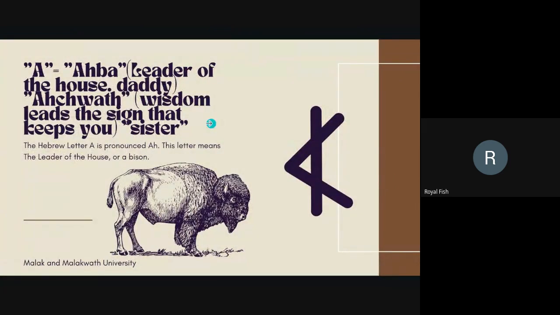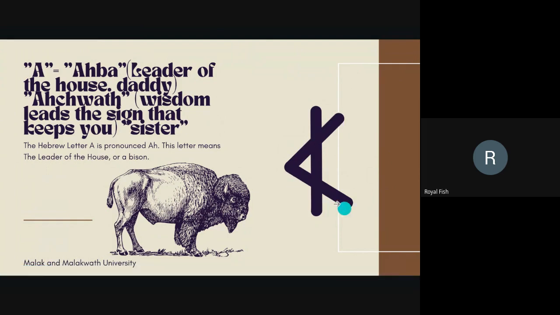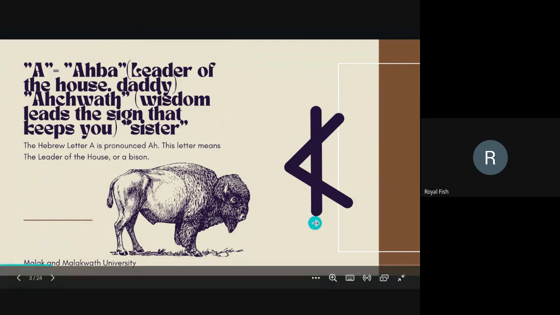Okay, so our first letter is A. The letter A is like a sideways A, is how I see it. But if you flip this onto its side, you would see the representation of the bull.